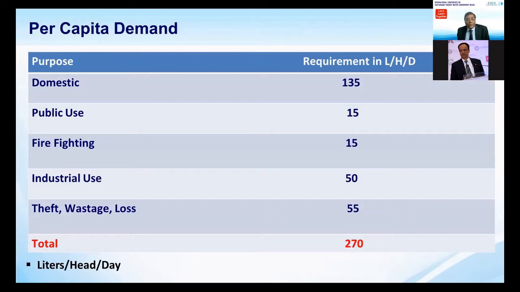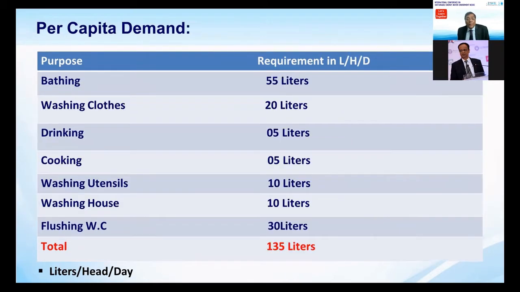Domestic use is 135 liters per head per day. Public use 15 and firefighting 15. Industrial use 50. Theft and wastage loss 55. The total per head consumption of water which we plan for while developing a town, city, or industry is around 270 liters per head.